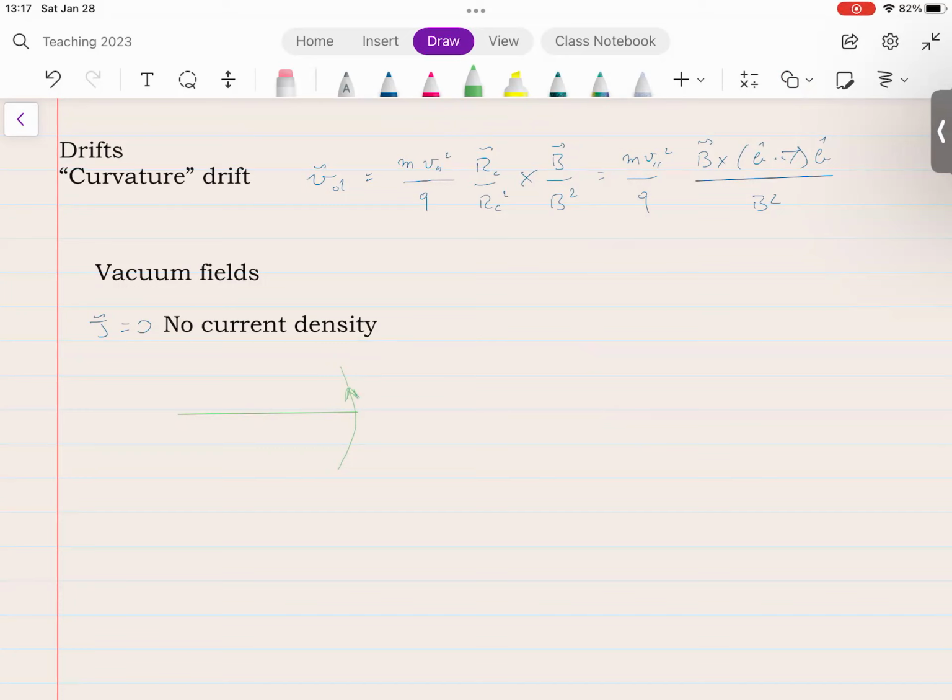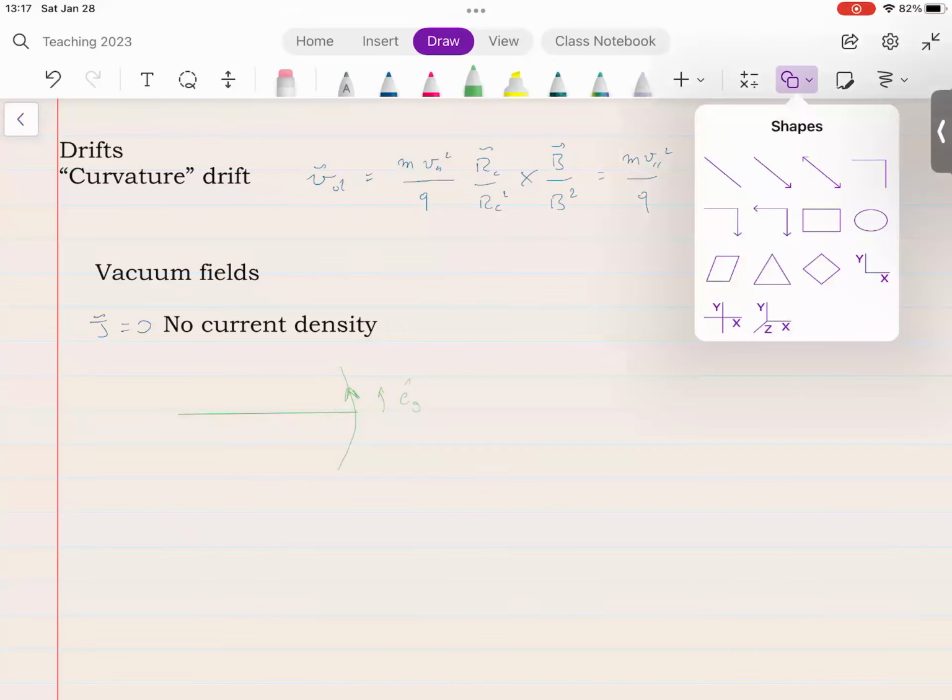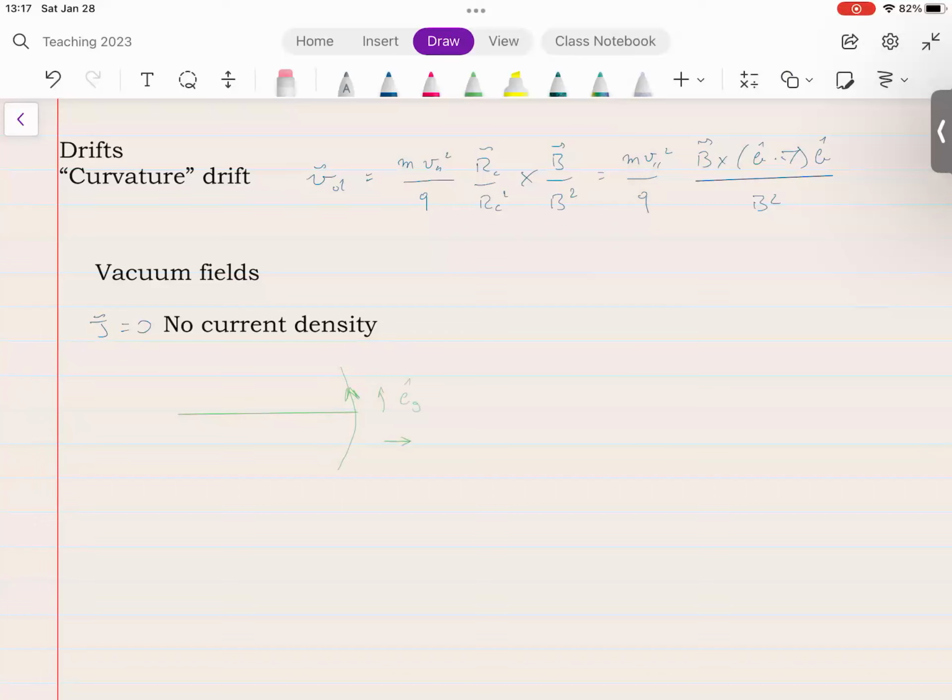This is going to be the theta direction. Let me use e sub theta as the unit vector. And of course, the radial direction is going to be e sub r, the direction of the radial coordinate.